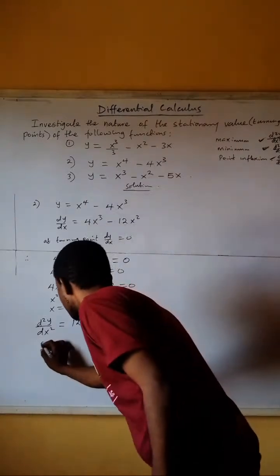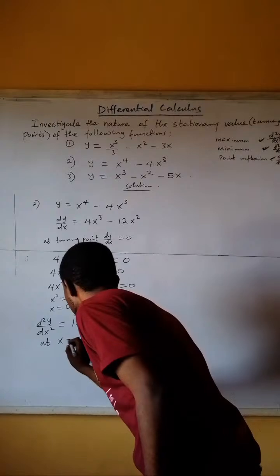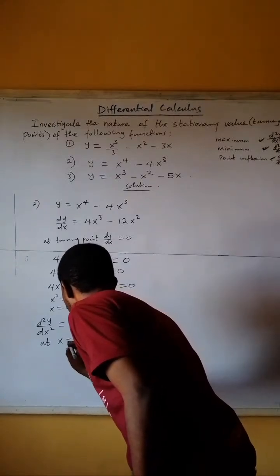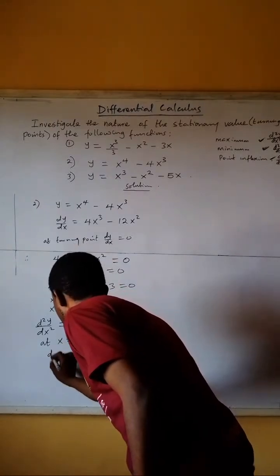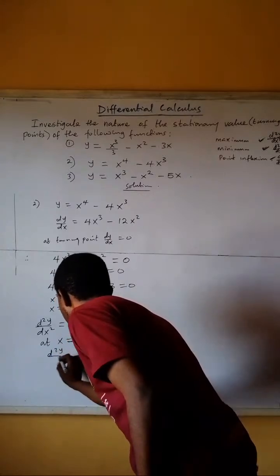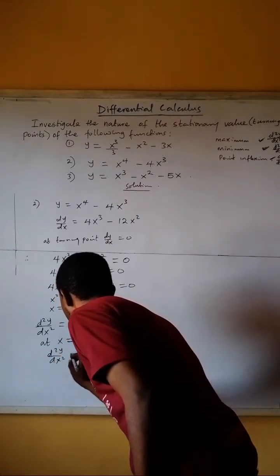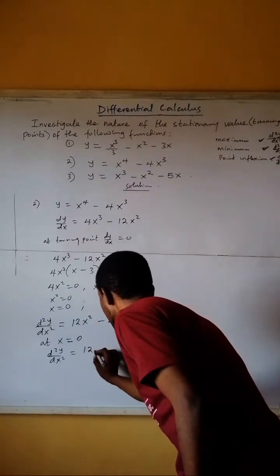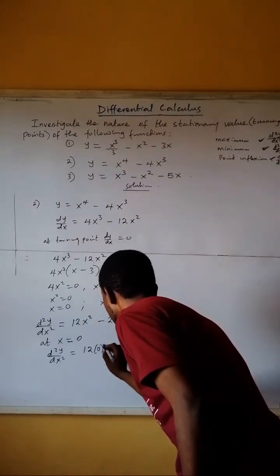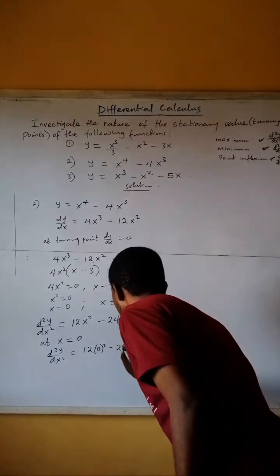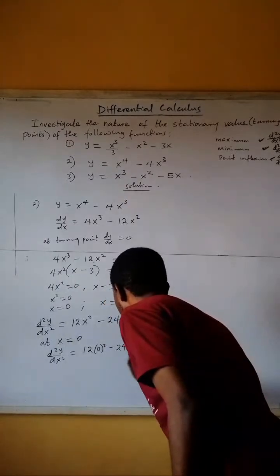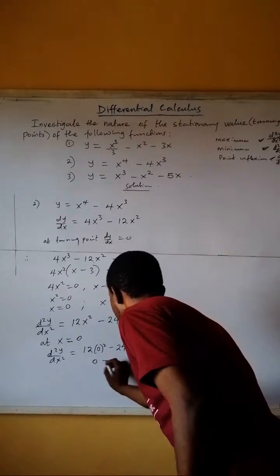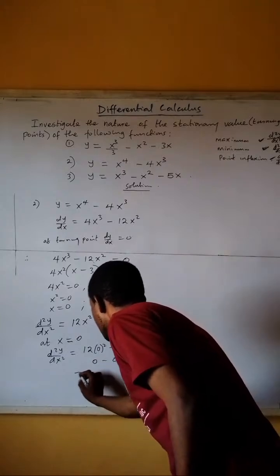So at the turning point, which is x equals 0, our second order derivative d²y/dx² will become, we put 0 for x here, and this becomes 12 times 0 squared minus 24 times 0. So everything here is 0 minus 0, which is equal to 0.